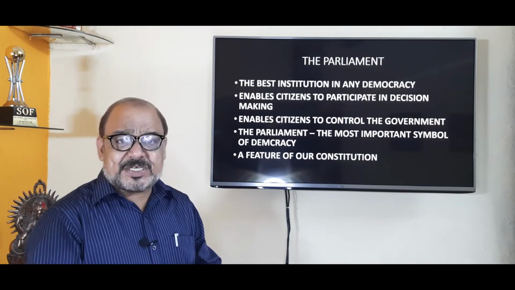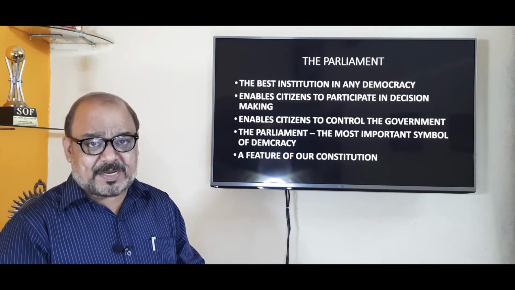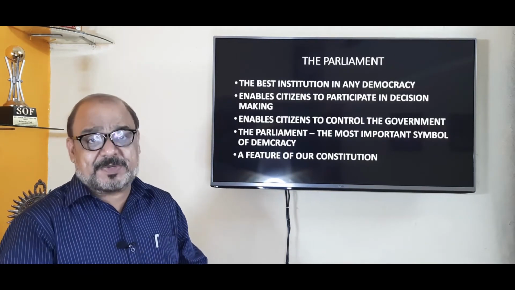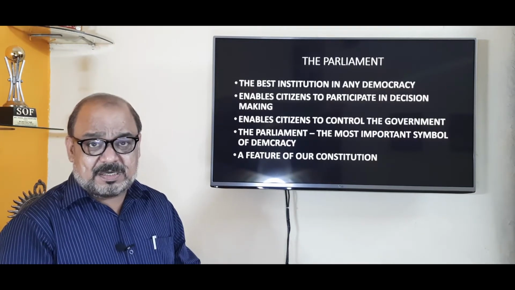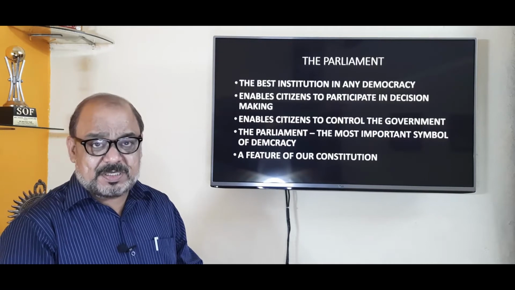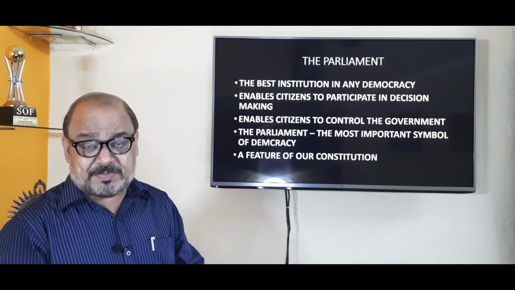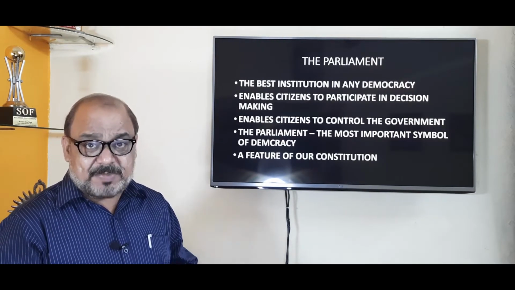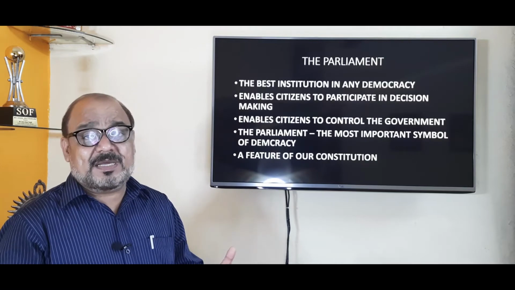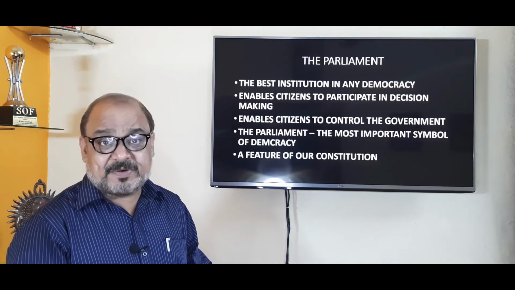When the government is doing something wrong, then members in the parliament who are representatives of the people, who are authorized people by the people, by the citizens, they ask questions. They ask questions on various topics in the parliament, in the question hour, in the zero hour. By asking questions and by many more methods, they control the government.